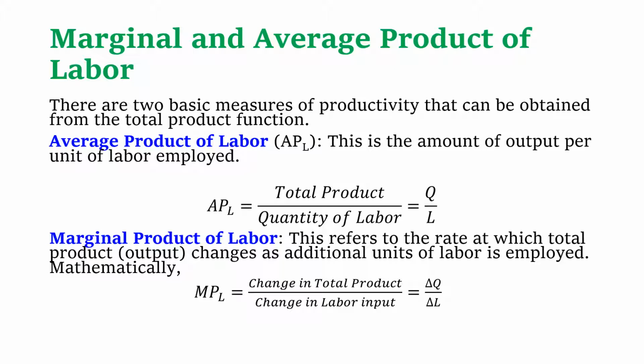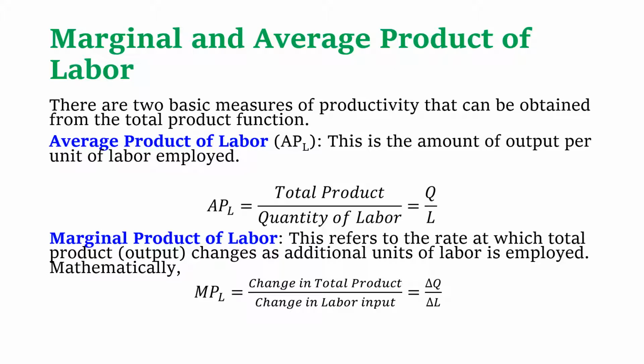Now let's move on to marginal and average product of labor. There are two basic measures of productivity that can be obtained from the total production function. The average product of labor, APL, is the amount of output per unit of labor employed.